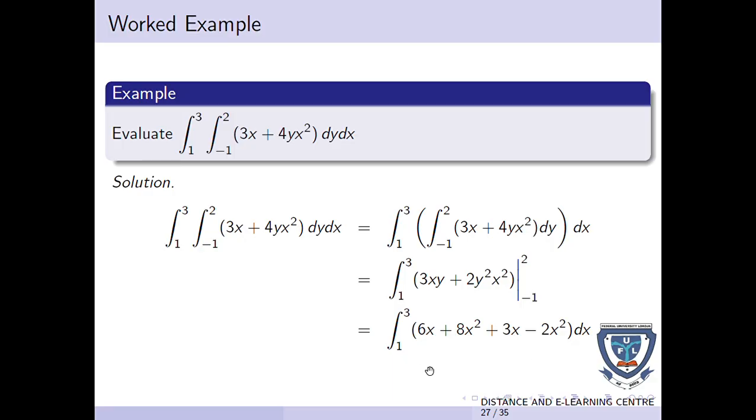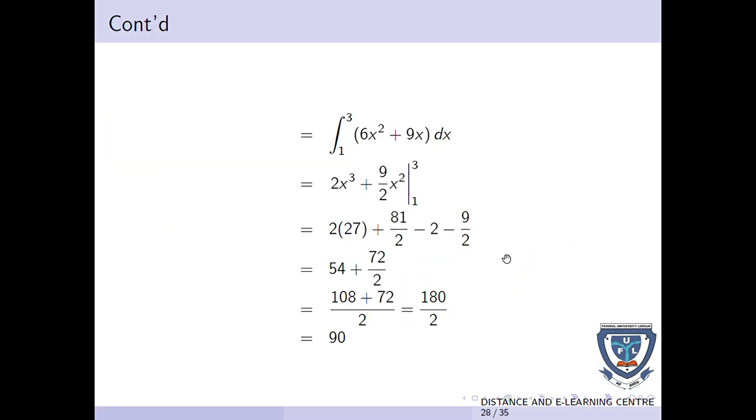When you do the substitution properly, you're going to have the integral over the interval 1 to 3 of the resulting expression dx. When you collect like terms and simplify, you have the integral over the interval 1 to 3 of 6x squared + 9x dx. Now you do the last integration, and you're going to get 180 divided by 2, which is 90.